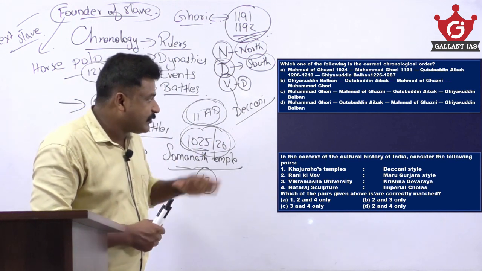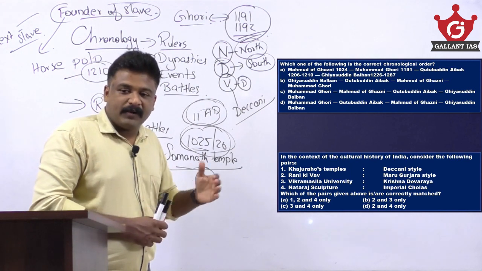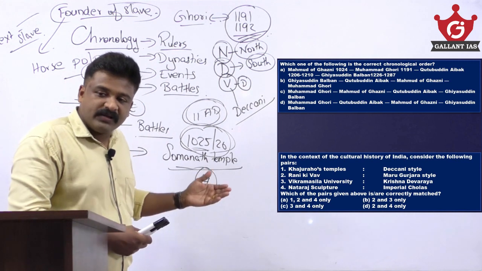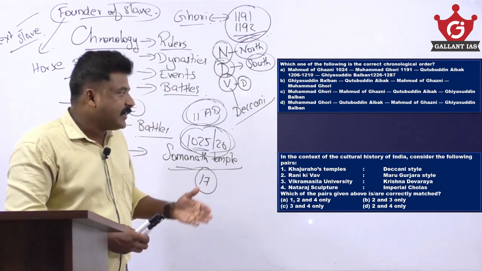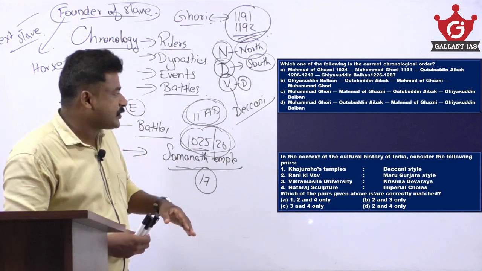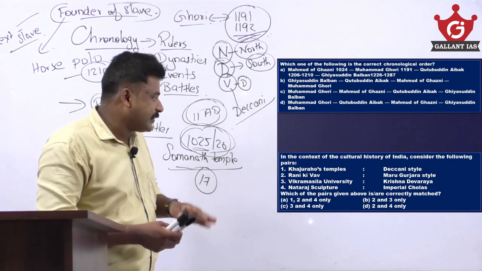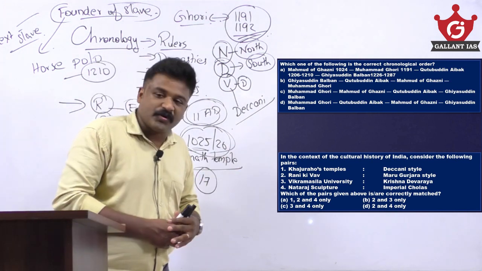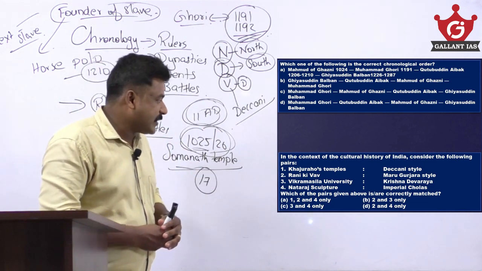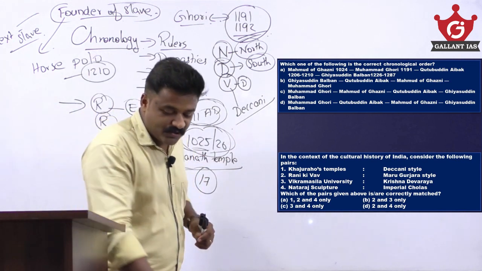Vikramshila University was built by Dharmapala, the Pala dynasty ruler who revived Nalanda University. He also built Somapura Vihara in the 8th-9th centuries AD. So it is not Krishnadevaraya, but Dharmapala of the Pala dynasty. Nataraja's bronze sculpture belonged to the Imperial Cholas. So the correct pairs are 2 and 4.